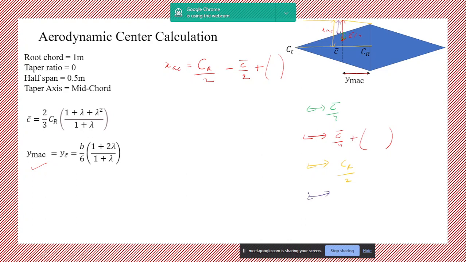What is the length of the purple line? So what we need to find out is this entire red line, right? The purple line will be CR by 2 minus C bar by 2. Am I right?